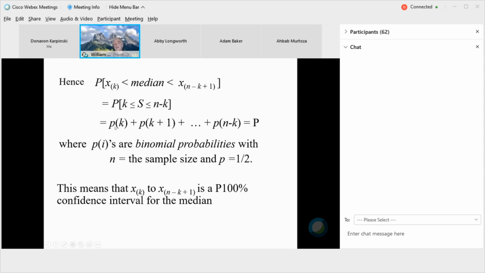That would be P of k plus 1 through P of n minus k. These are binomial probabilities with n equal to the sample size, p equal to a half. So this means that X bracket k to X bracket n minus k plus 1, the kth smallest to the kth largest, is a p times 100% confidence interval for the median, where p is calculated from the binomial probabilities.